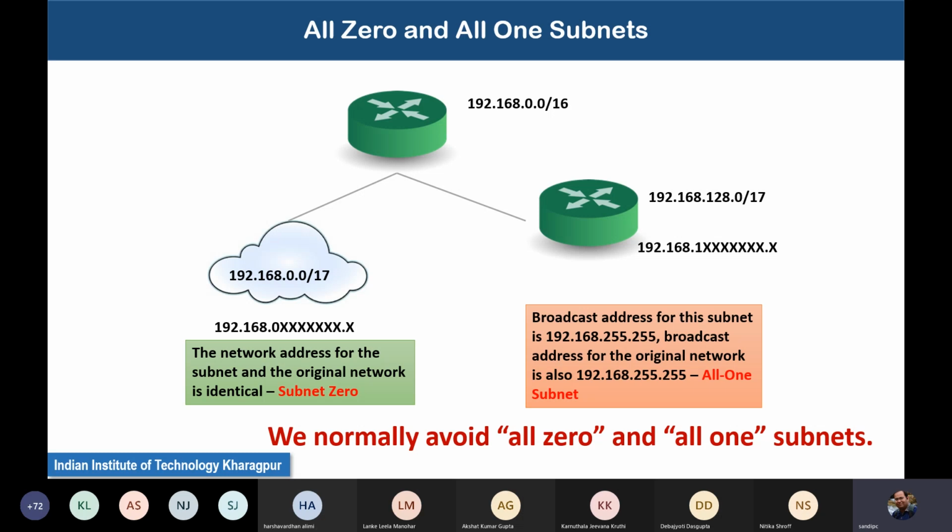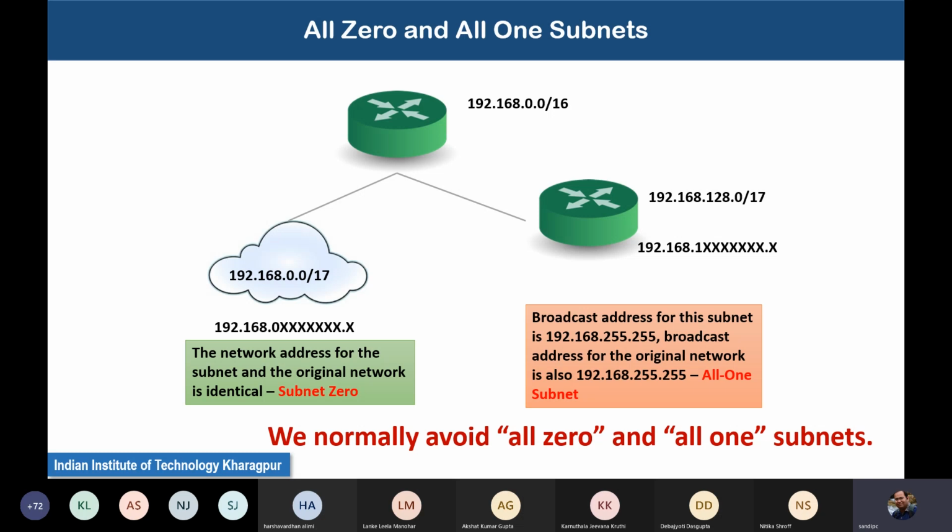If I just take 1 bit as the subnet bit, and use 0 as the subnet, which we call subnet 0, then the network IP of this subnet and the original network IP remain the same. So the network address for the subnet and the original network is identical. That is the problem if you take an all 0 subnet.